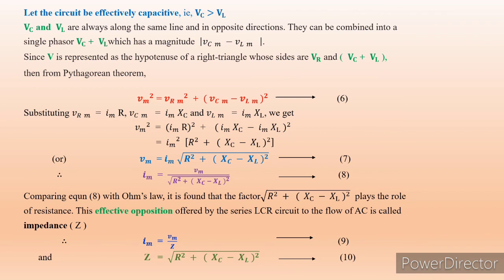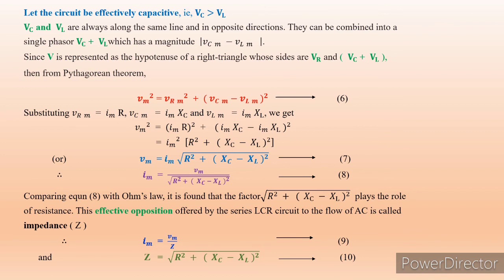Substituting VRM is equal to Im into R, VCM is equal to Im into XC, and VLM is equal to Im into XL, we get Vm square is equal to ImR whole square plus ImXC minus ImXL the whole square. That is equal to Im square into R square plus XC minus XL the whole square.